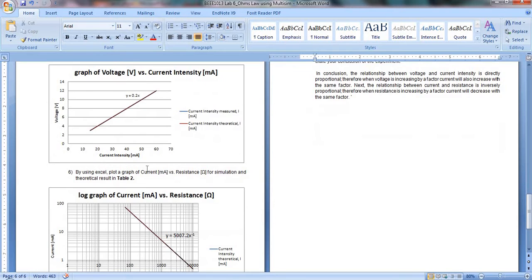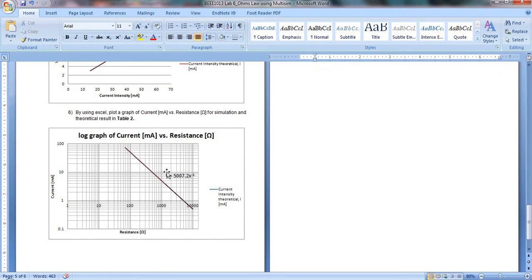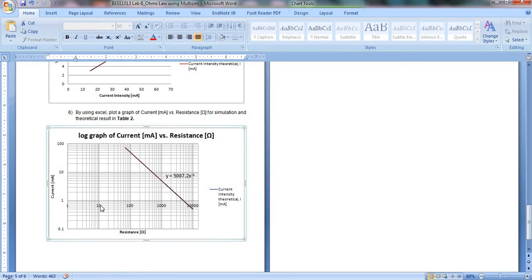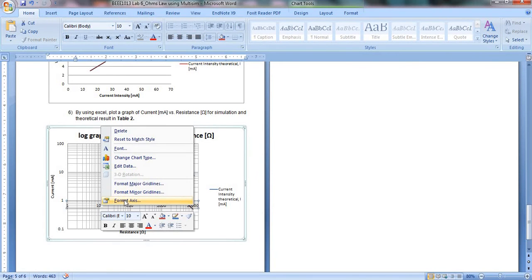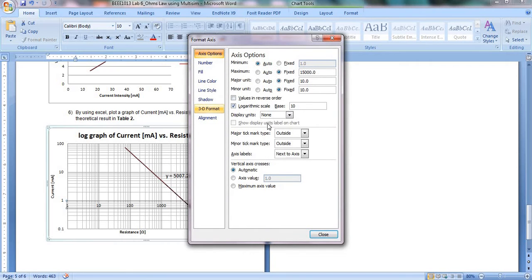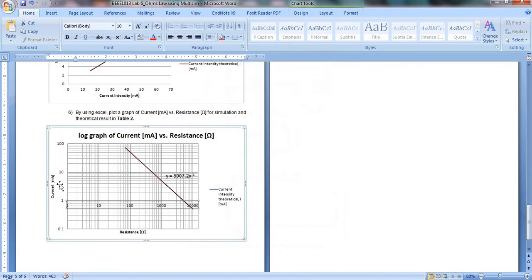And for table 2, I'm using a log graph, because for both the x-axis and y-axis I'm using a logarithmic scale, this logarithmic scale, both x-axis and y-axis.